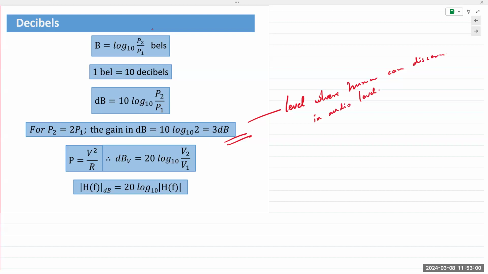But in terms of the power, it is actually a doubling of the power. Meaning if you have a 50-watt system, 50 watts being supplied to a speaker, in order to change the volume enough so that we can detect a difference, you would need to double the power from 50 to 100 watts. It's the ratio of powers. So for a value of P2 that is twice as much as P1, the difference in decibels is only 3.